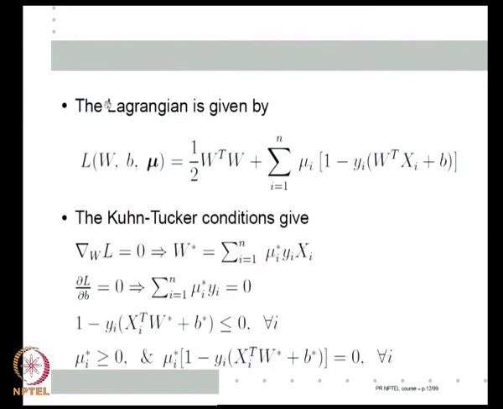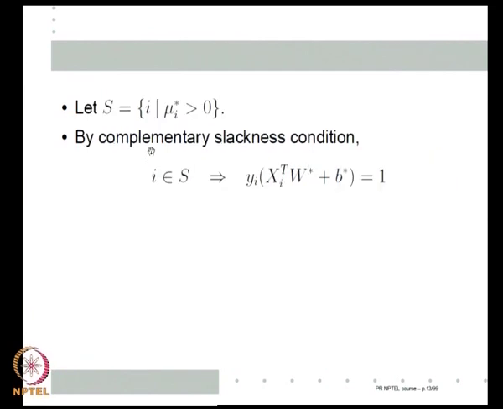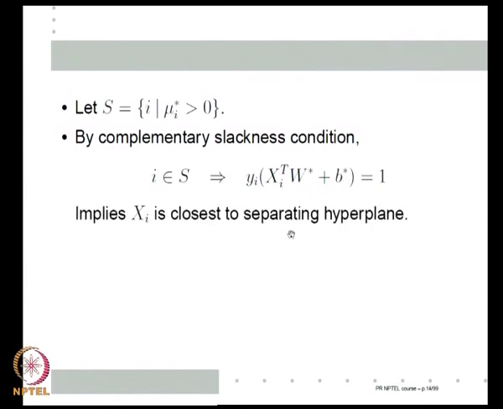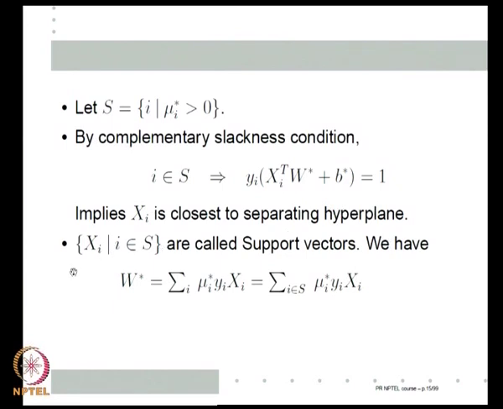So, if I think of S as the set of indices of all Lagrange multipliers which are strictly positive, then for all those I know this is satisfied, which means all the corresponding x i are closest to the separating hyperplane. We will call such x i corresponding to positive Lagrange multipliers support vectors. These are training patterns that are closest to the separating hyperplane.